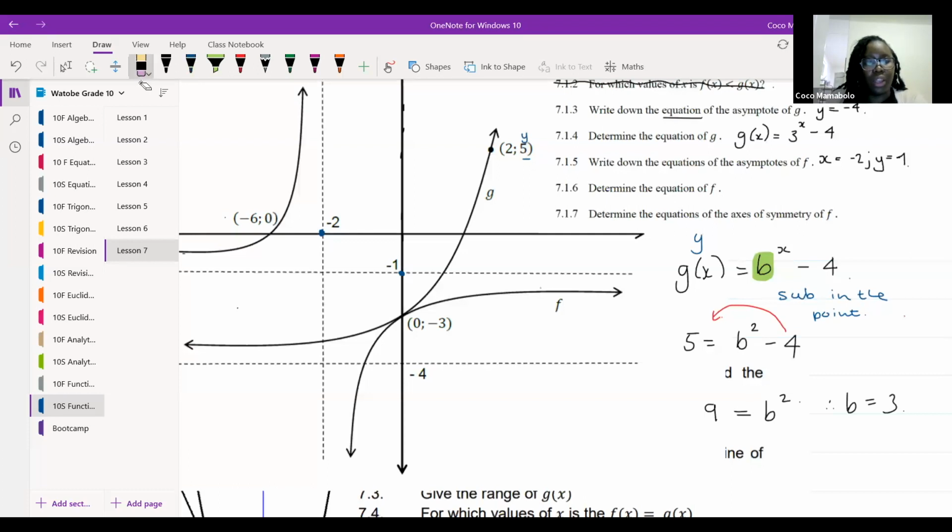Ma'am, in which case will it only be one asymptote? Is it for the exponential graph? In grade 10, it's not the exponential graph, it's the hyperbola and the parabola where they mirror each other. Remember that we can take the parabola and split it in two and almost fold it.